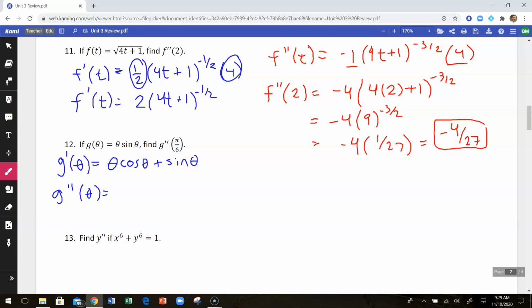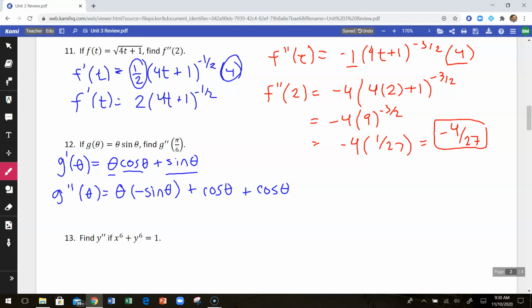Again, product rule on the first part, so the first times the derivative of the second, which would be negative sine theta, plus the second, cosine theta, times the derivative of the first, and the derivative of theta is just 1. And then I can do plus the derivative of sine theta, which would be cosine theta.